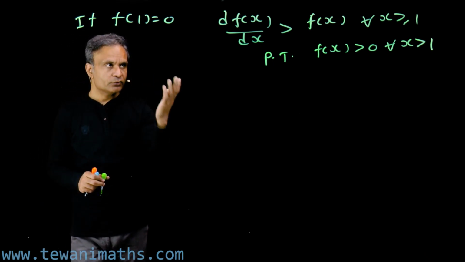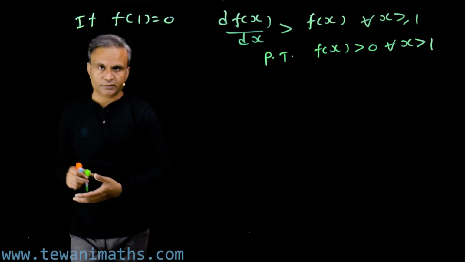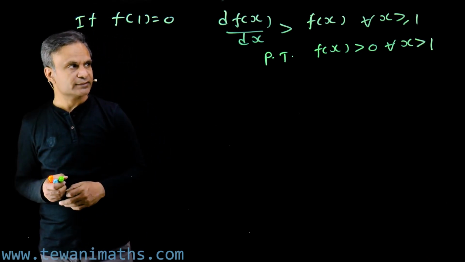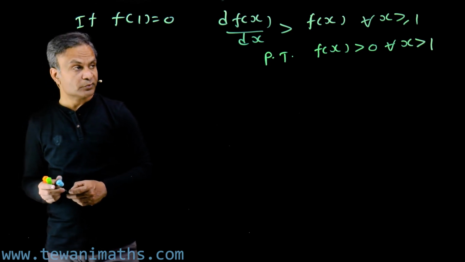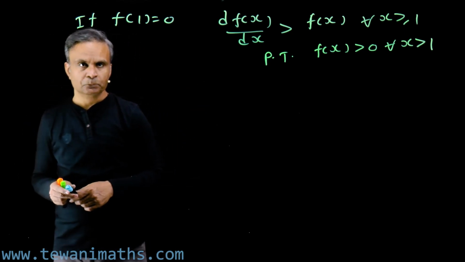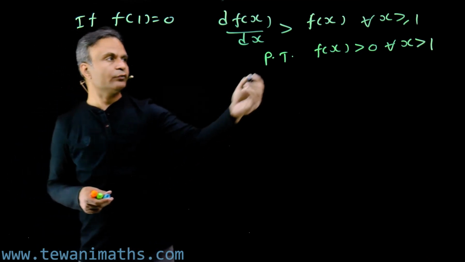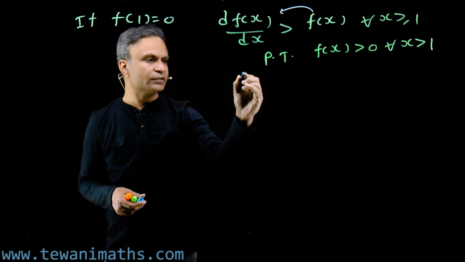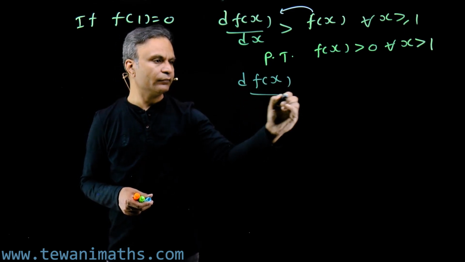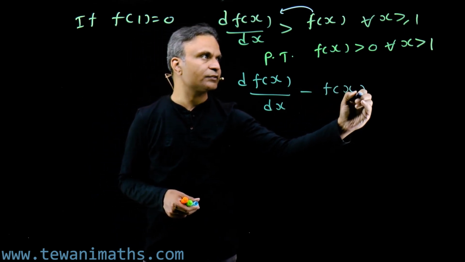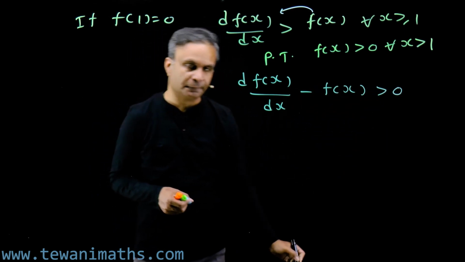Now how can we use the concept which we discussed? How can we use what we just discussed? Now here in place of equation we have inequality, but the concept will remain the same. What do we do? We take fx on LHS. That means we have now derivative of fx minus fx greater than 0.